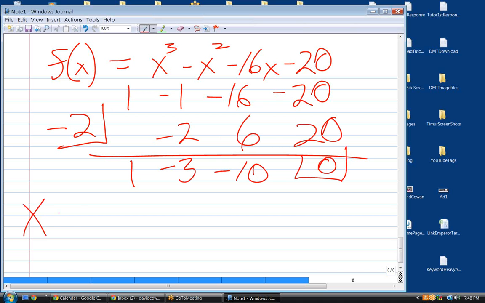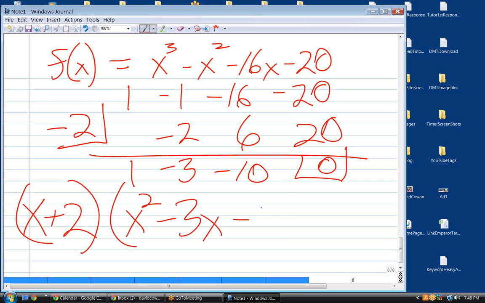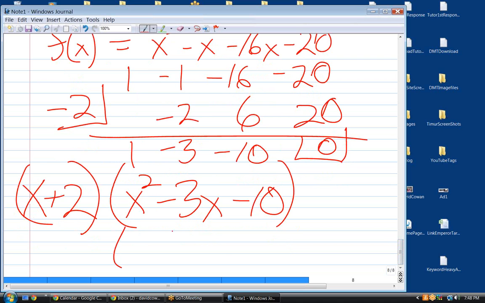So x plus 2 is one factor. x squared minus 3x minus 10 is the other factor. How does that break up? x minus 5 times x plus 2.